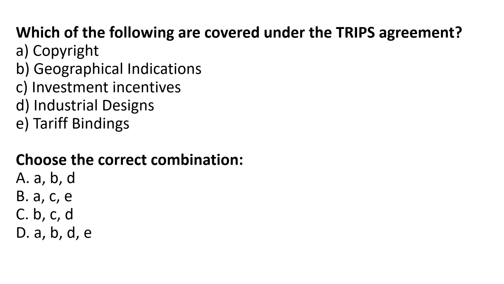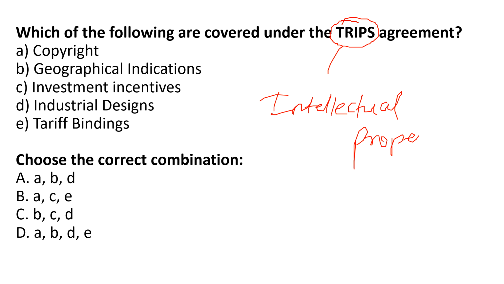Which of the following are covered under the TRIPS agreement? TRIPS is basically related to intellectual property protection. Some of these options are not covered under TRIPS, so you need to eliminate them and answer which are covered. Copyright, GI tag, investment incentives, industrial design, tariff binding.